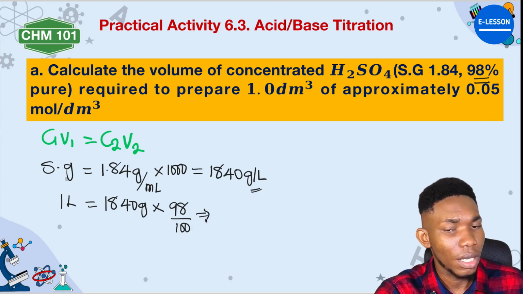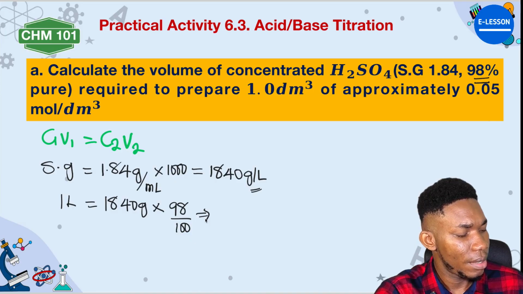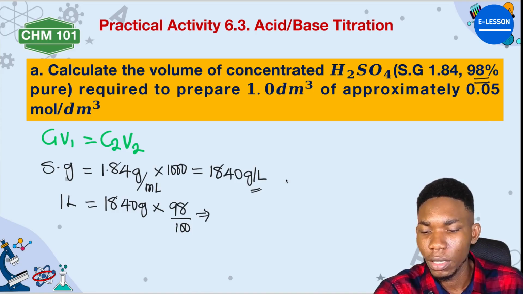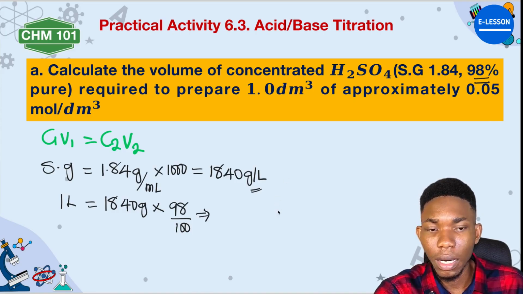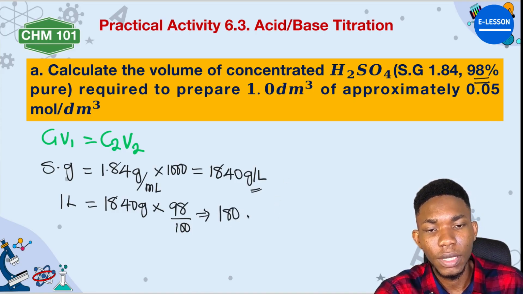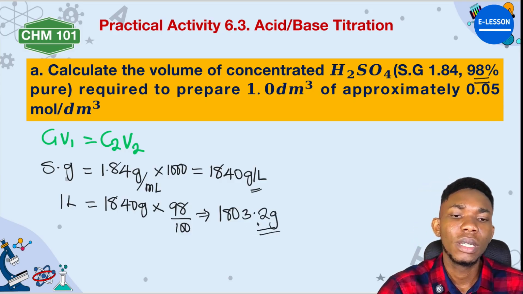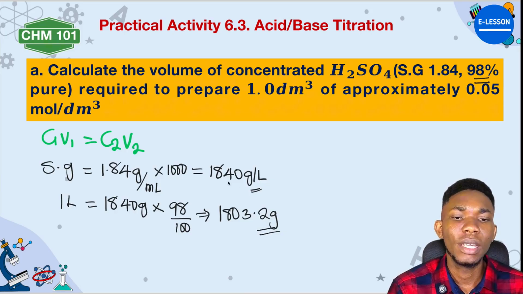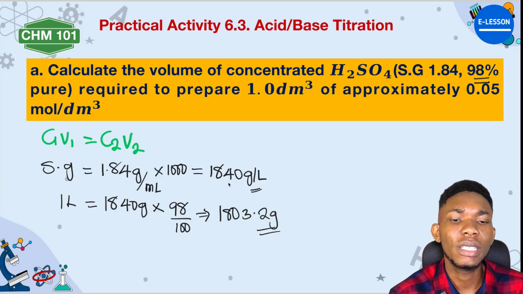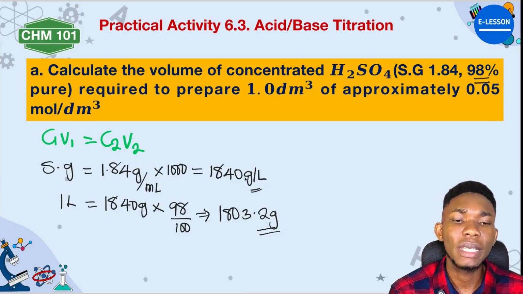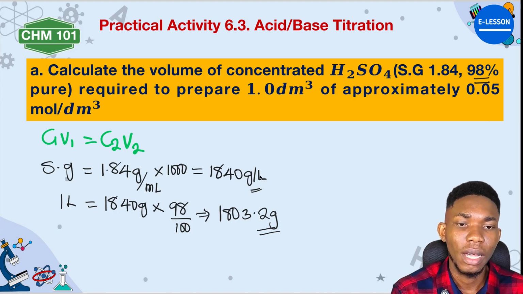Is that okay, my dear student? Which will give us 1840 times 98 divided by 100, which gave us 1803.2 gram. Now, what does it mean? This is telling you that in this 1840 gram that is supposed to be present in 1 liter, are you getting it?